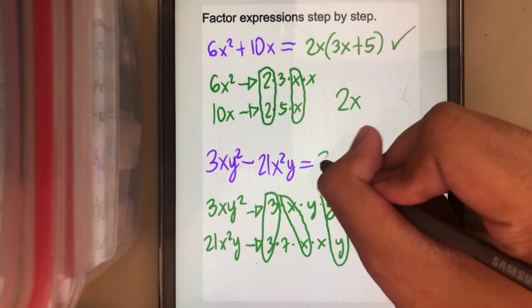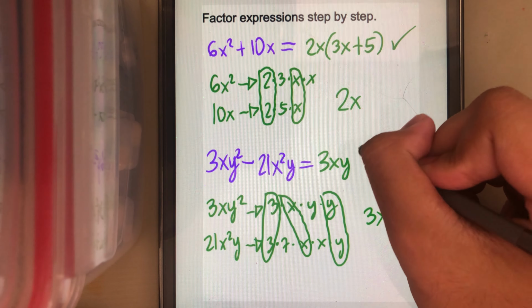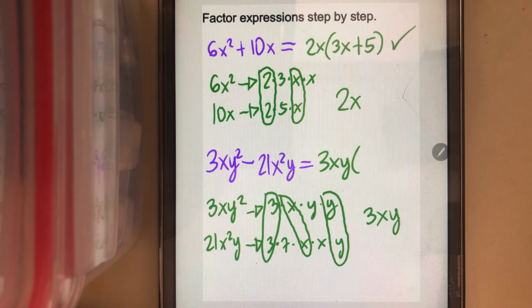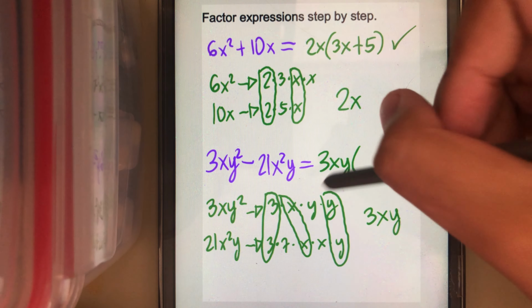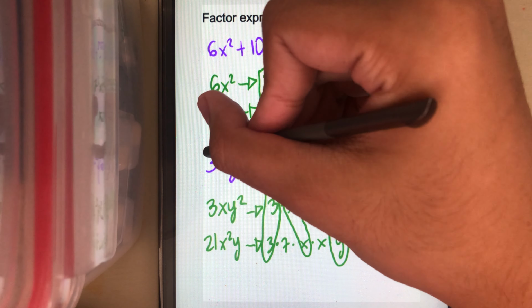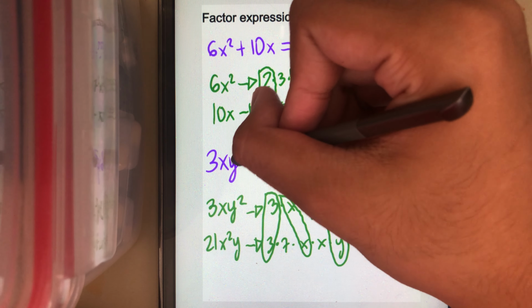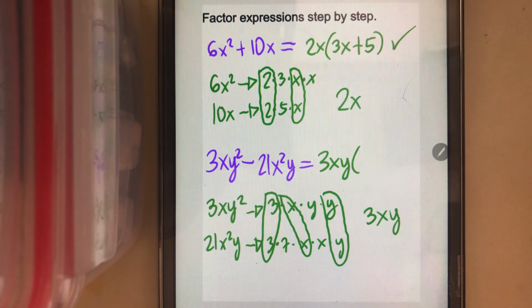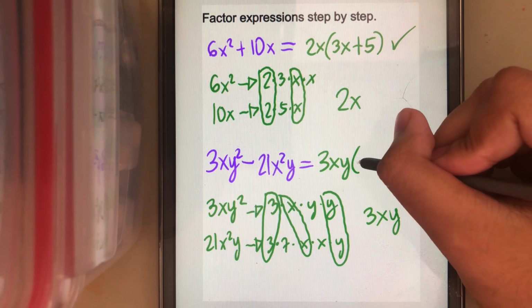So we put 3xy in here. 3xy squared divided by 3xy: they're the same except for this y here. It's squared. Y squared divided by y is y.